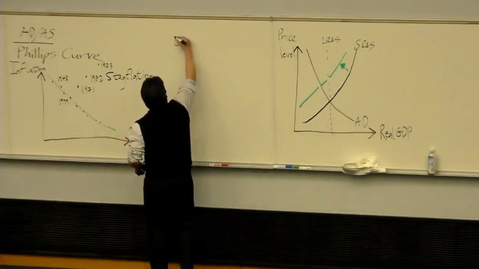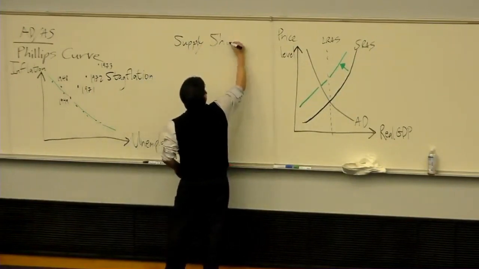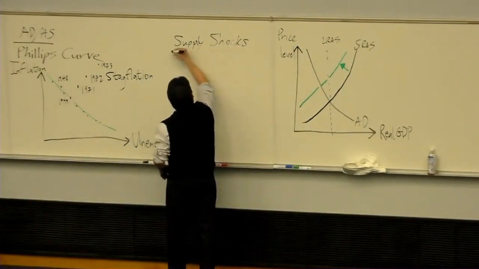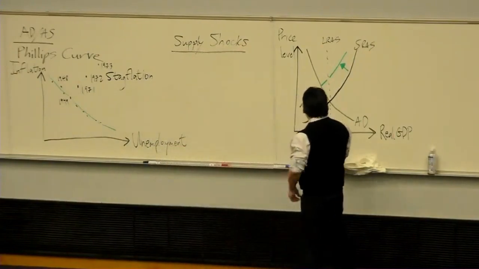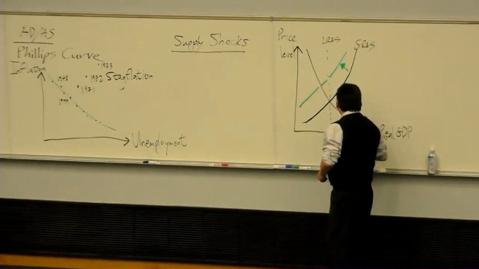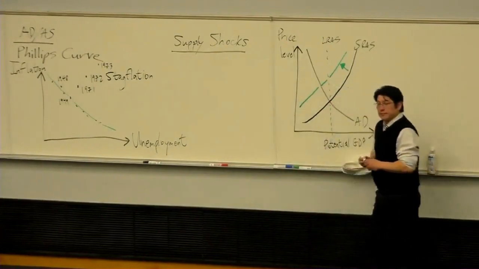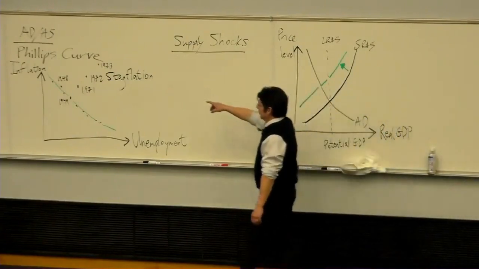But it may be that every now and then you have a deviation from potential GDP that's driven not by a demand shock, but by a supply shock. So we can account for observations like this.